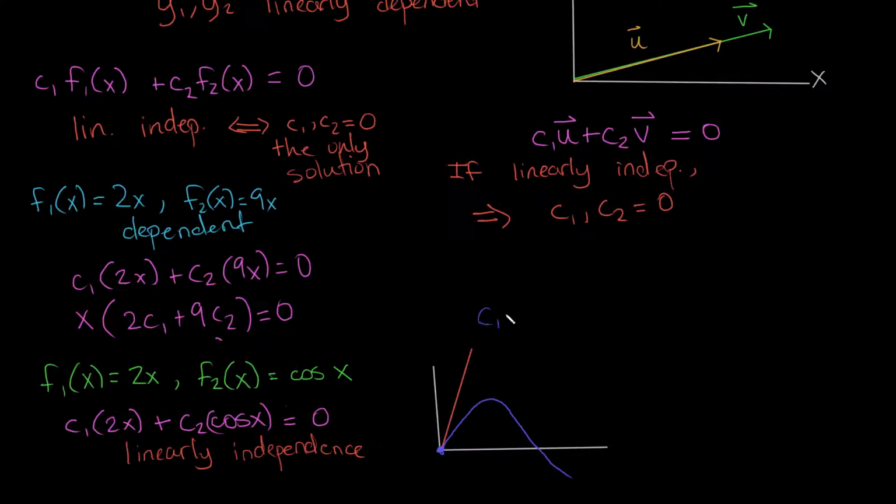That would have been some constant times 0 plus some other constant times 0. Obviously that would have equaled 0. But you need it to equal 0 for all x. And that is the condition for being linearly independent.